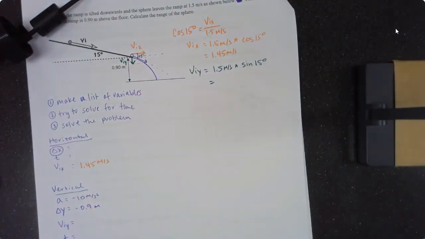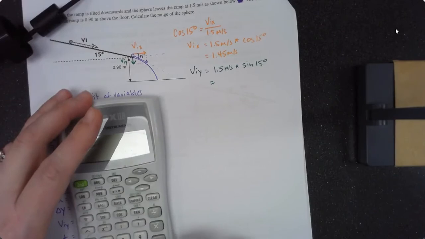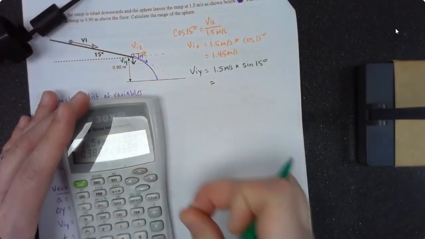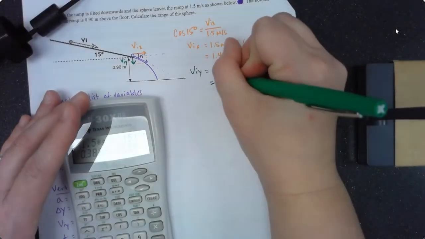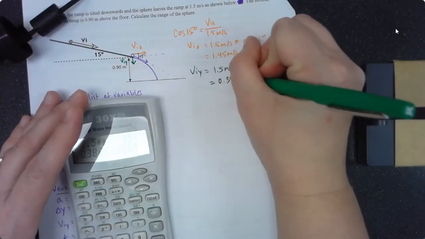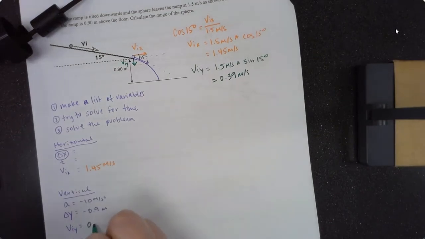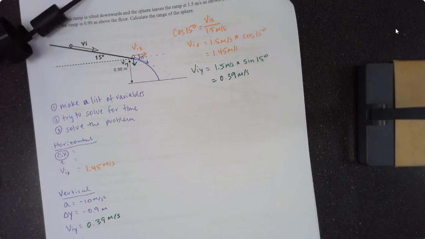So that's going to be 1.5 times the sine of 15. There we get 0.39 meters per second. Not a whole lot. Write that down here. Okay, so I've got those two pieces of information.